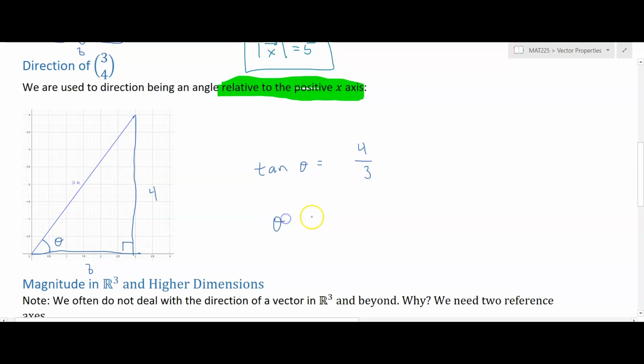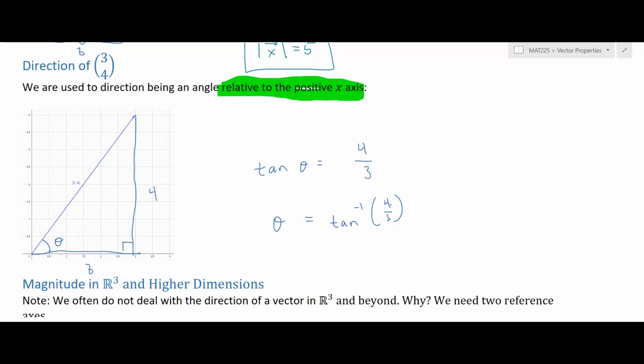And so theta is going to be the arctangent, or the inverse tangent, of 4 over 3. Remember, the tangent of an angle tells us the ratio of rise to run, but the inverse tangent says what angle has a rise to run ratio of 4 to 3. So it's just important that you select your mode carefully, making sure that you're in degrees if you want to be in degrees.